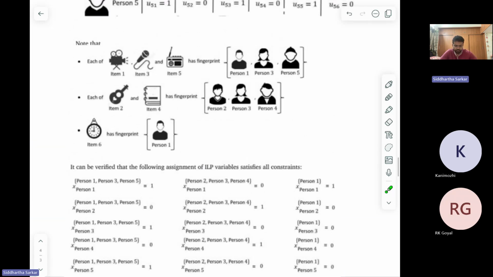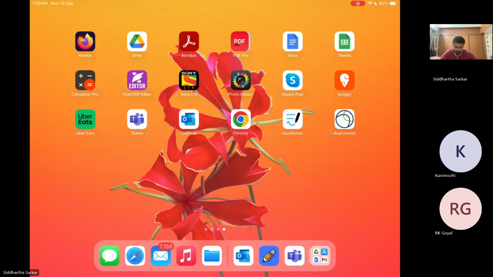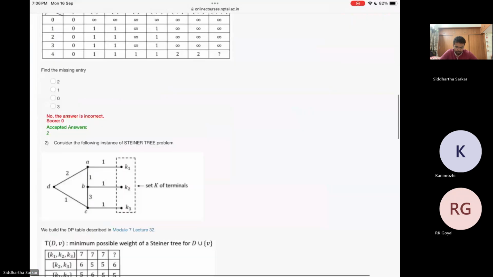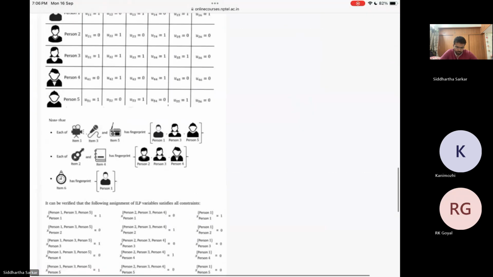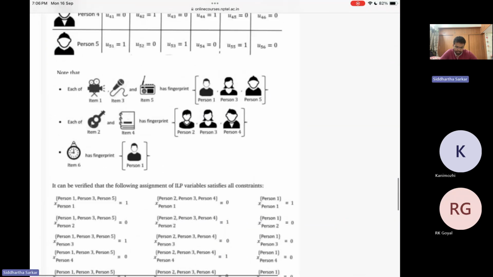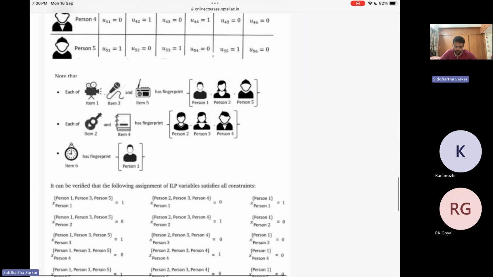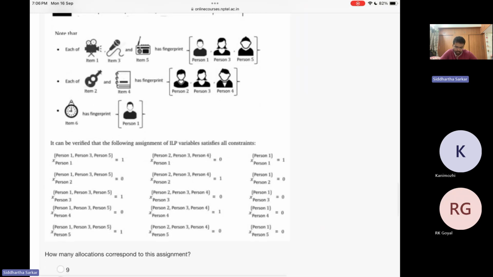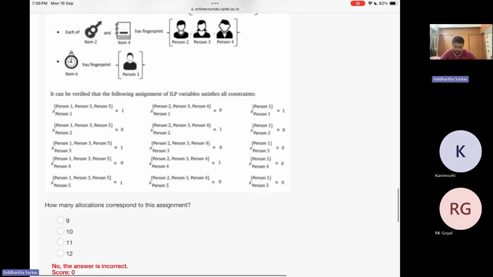Let's look at the question. So it can be verified that the following assignment of ILP variables satisfies all constraints. How many allocations correspond to this assignment?